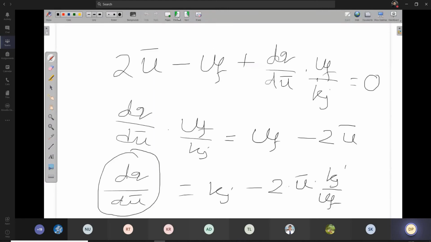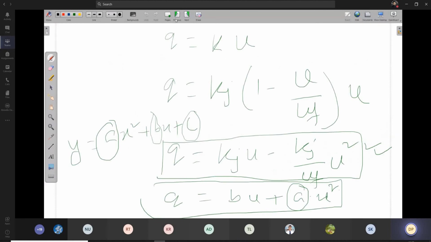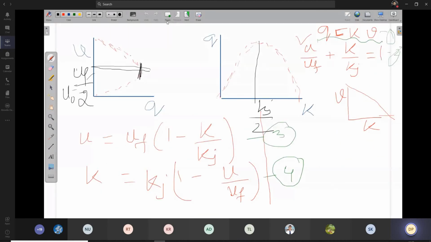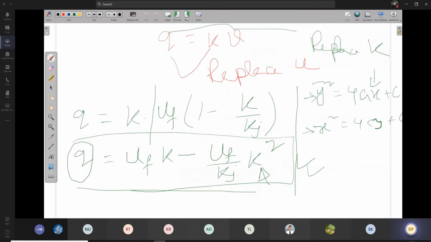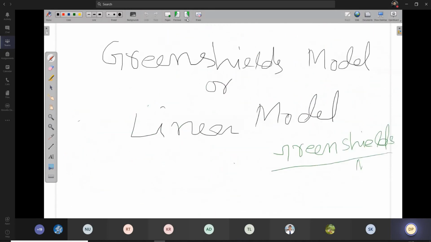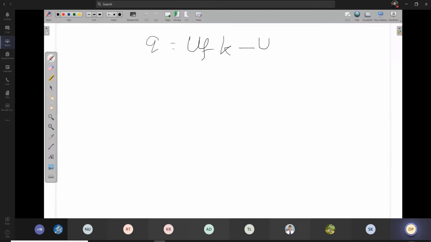So if I write here, q is equal to ufk minus uf by kj into k square.